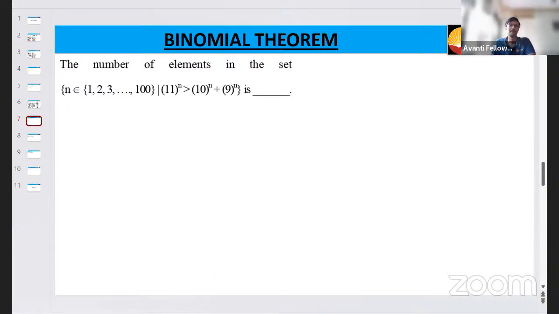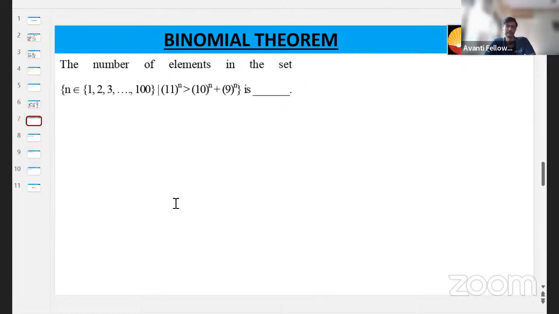This one. Now, on seeing this question, it is an inequality question. I think you must have done inequality questions in your class as well, even in the Avanti notes. Avanti notes means the notes from MCQs, correct. So it is a question on inequality, so we have to do it by binomial theorem.